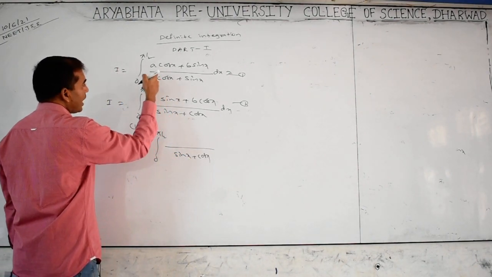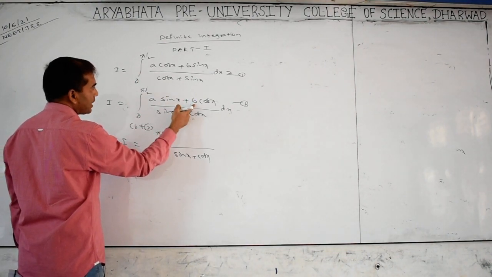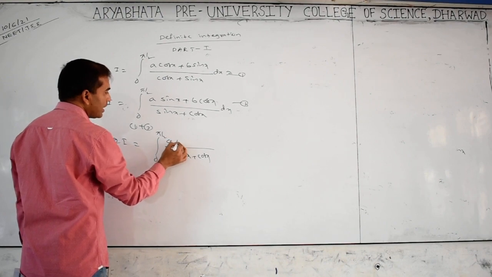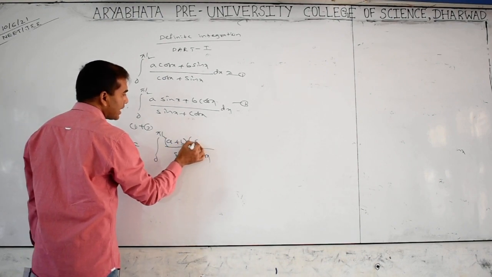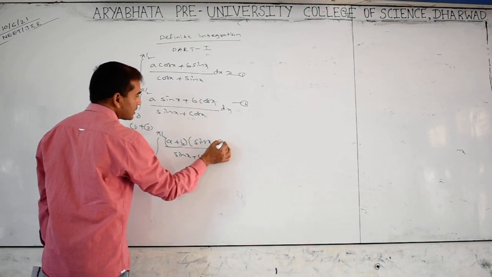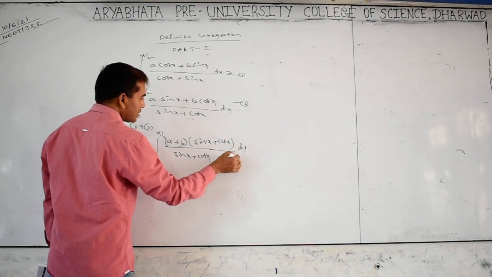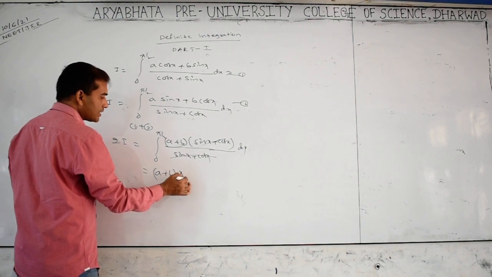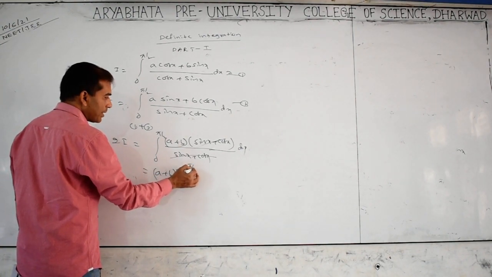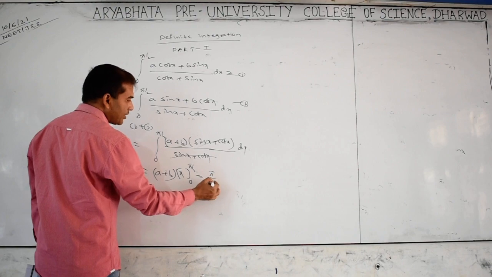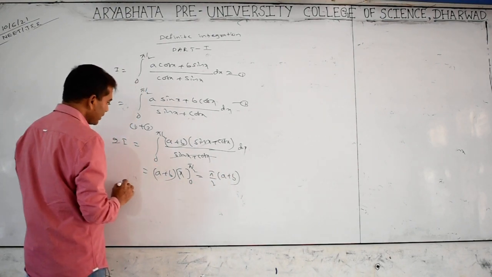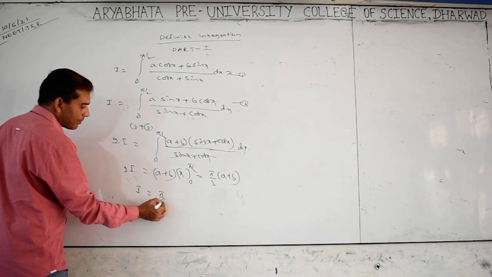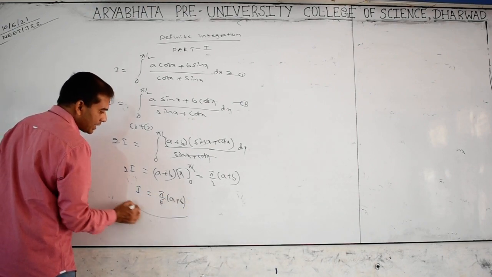Numerator, if you add this, a cos x plus b cos x, a sin x plus b sin x, what is the common? A plus b, take common, sin x plus cos x, right? This gets cancelled. A plus b, integration of 1 dx is x, limit 0 to pi by 2. We will get here pi by 2 into a plus b. Tell me, 2I is equal to this, therefore I is equal to pi by 4 times a plus b.